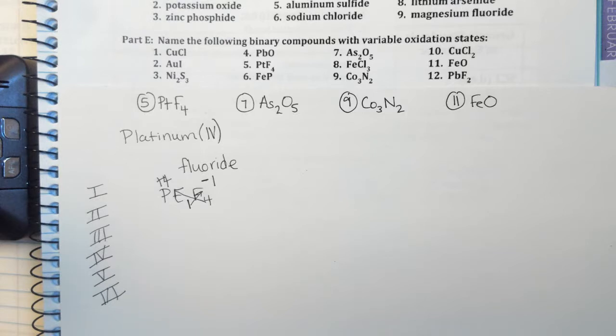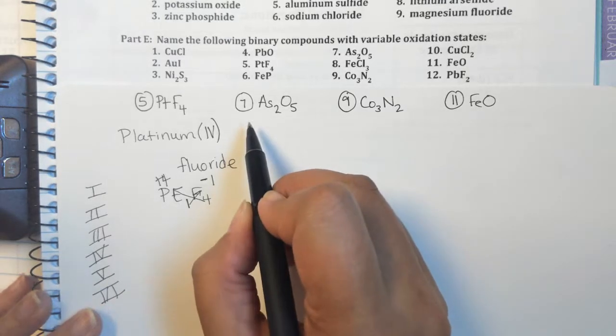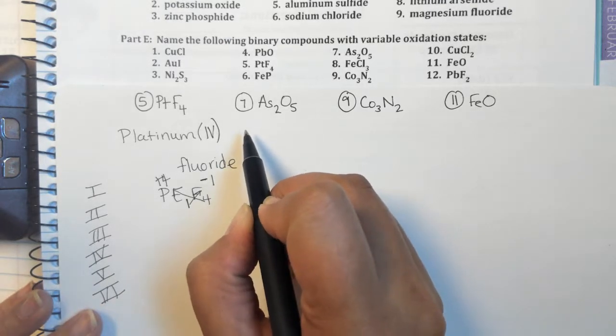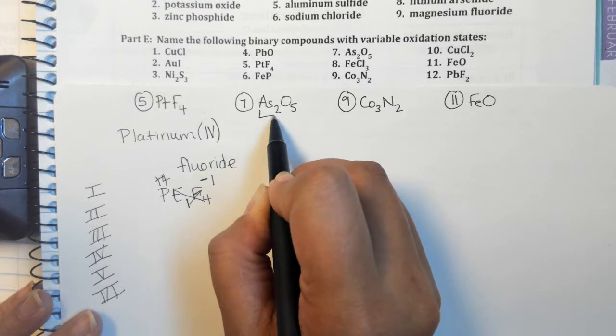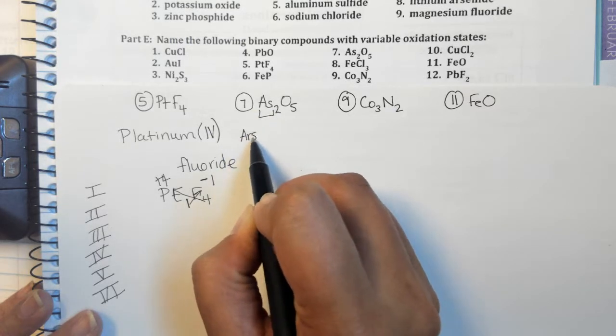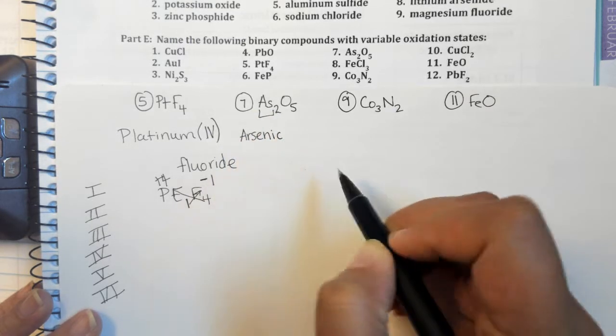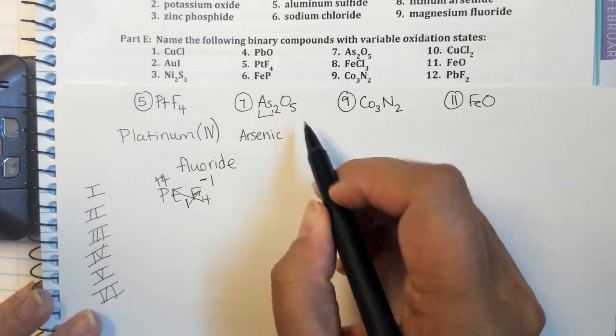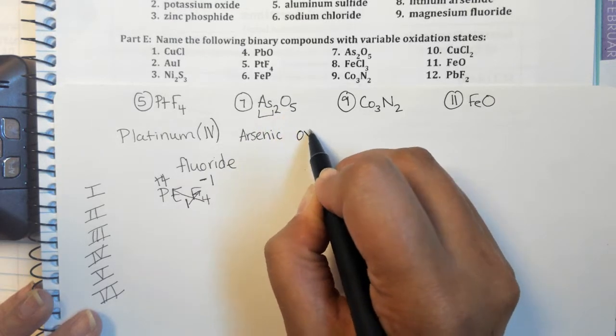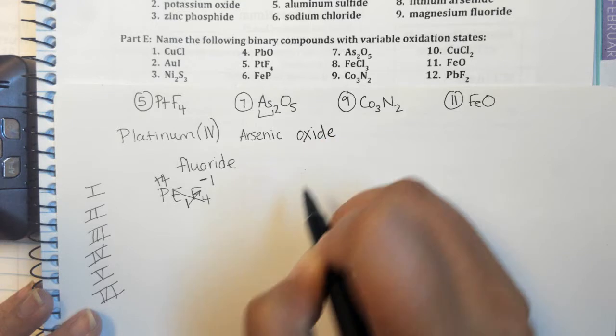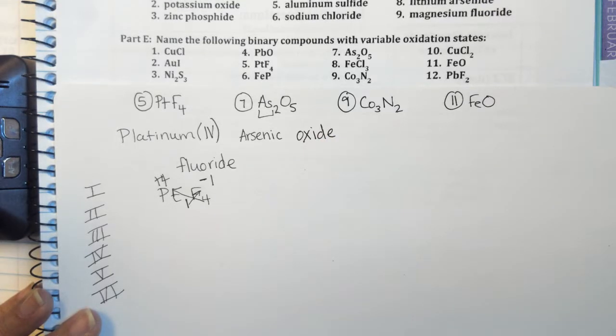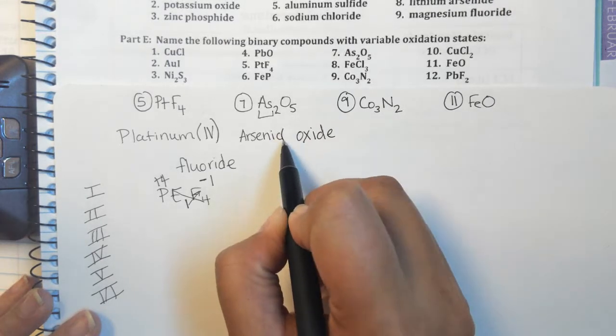Okay? Alright, number 7, which one is my positive ion? Arsenic. Right, which one is my anion? Oxygen, which turns into oxide. Alright, does arsenic need Roman numerals? Yes, on the back of your periodic table it shows you arsenic can either form a 3 or a 5 oxidation state. Alright, so it does need Roman numerals.